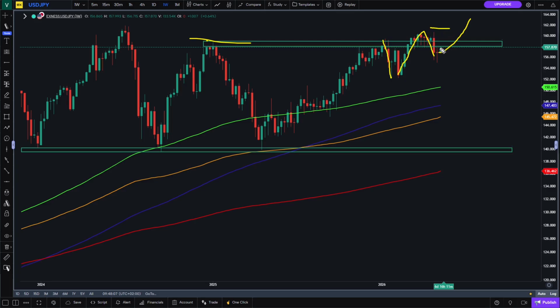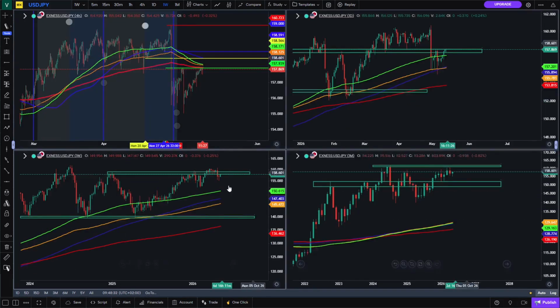It is evident, but the expectation is to break to the downside to take out this low right here. But for this to happen, you need to see the dollar missing on retail sales. You need to see unemployment increasing a little bit, so this would trigger a continuation to the downside for the US dollar, and this would be a perfect opportunity.